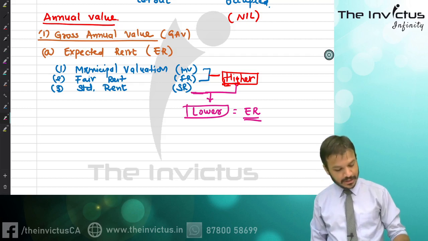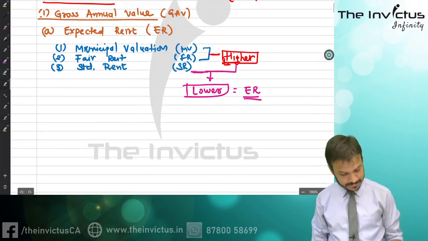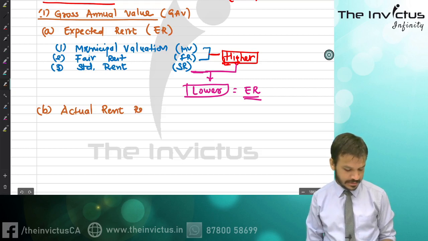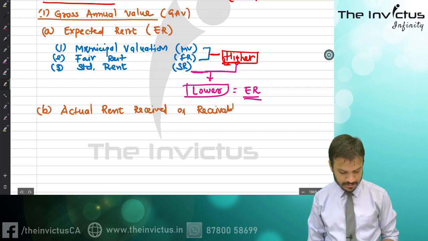Now the second thing I require is actual rent received or receivable, that is AR.